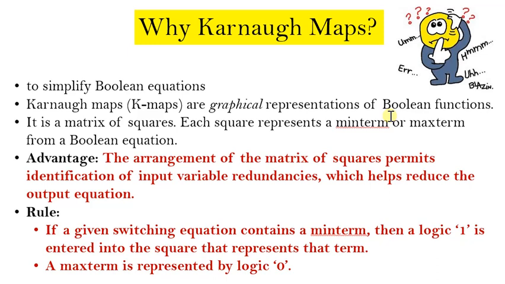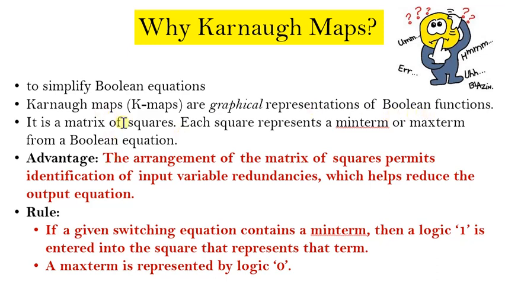And Boolean algebra can be used to simplify equations, but the process is very lengthy and error prone. So a better approach is to make use of the Karnaugh map, which is also called the K-map.